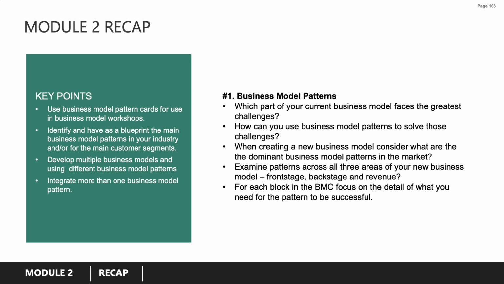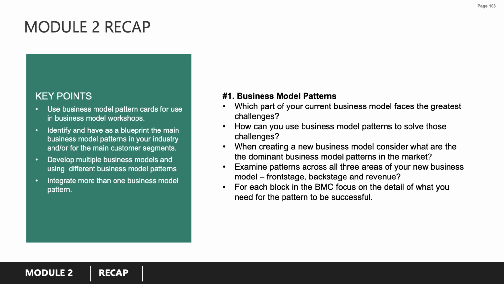Consider the dominant business model patterns in your market. You find that in most markets there is a dominant pattern, like taxis were the dominant way of people hailing rides. And that taxi market had a dominant pattern that you could actually put into a business model canvas. Then the question becomes, how could we change it?